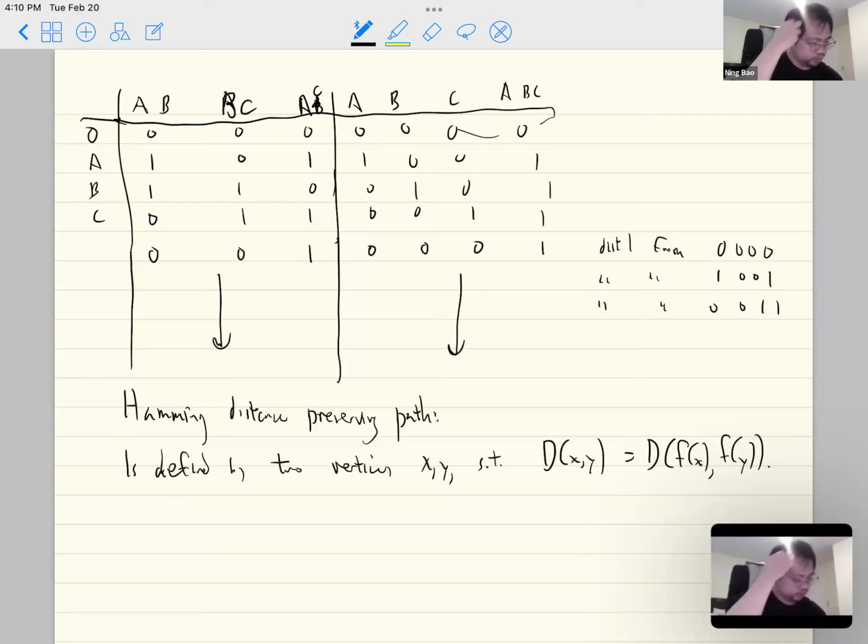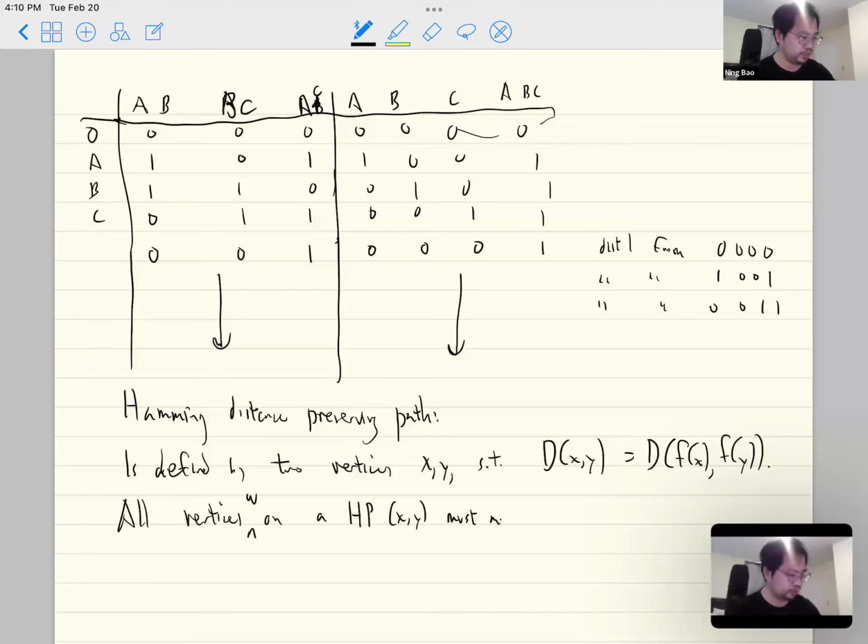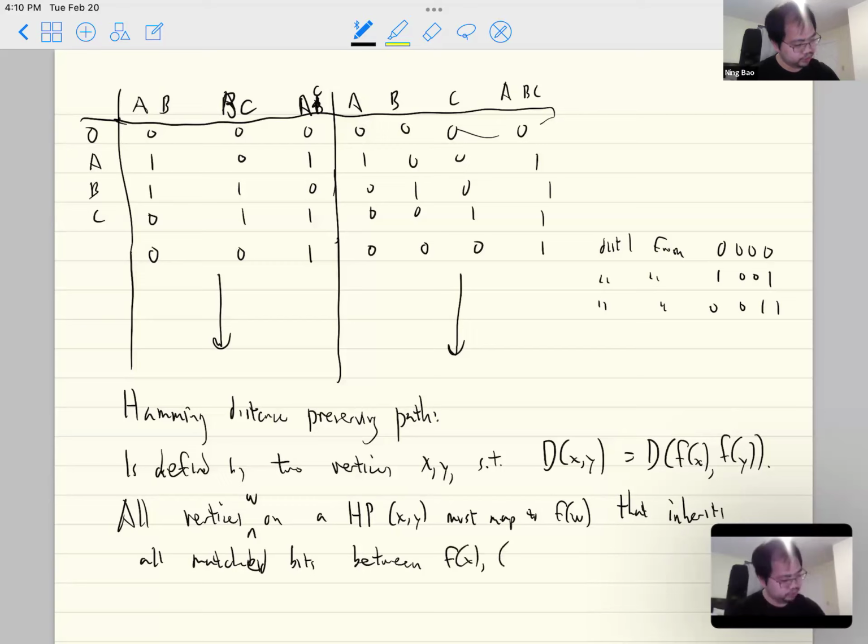And moreover, it means that all vertices w on a Hamming preserving path between x and y must map to f of w that inherits all matched bits between f of x and f of y.